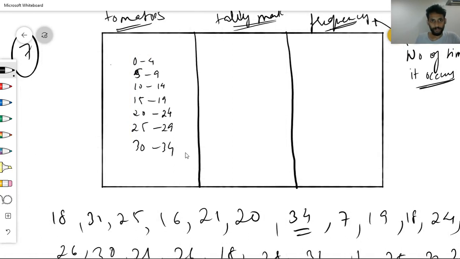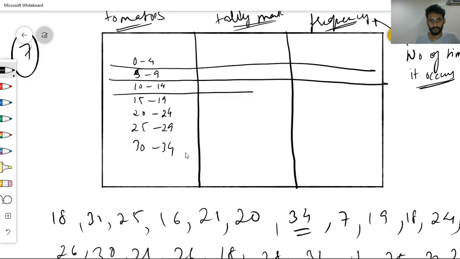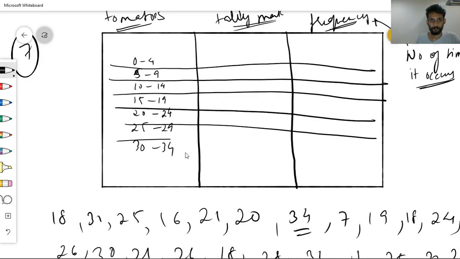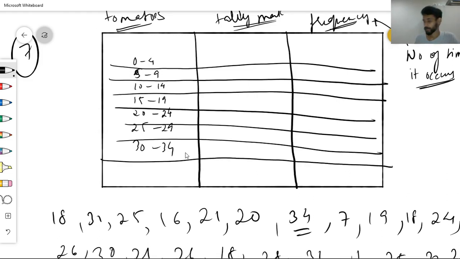Now I wrote this in too small a way. Now these are called class intervals.